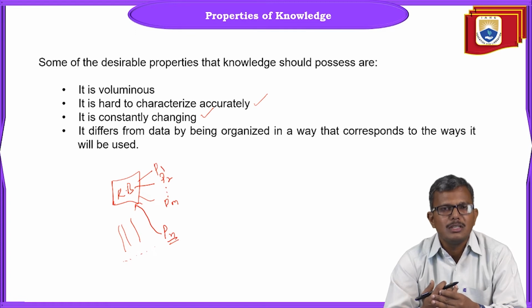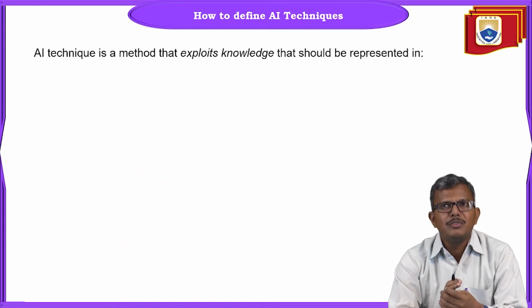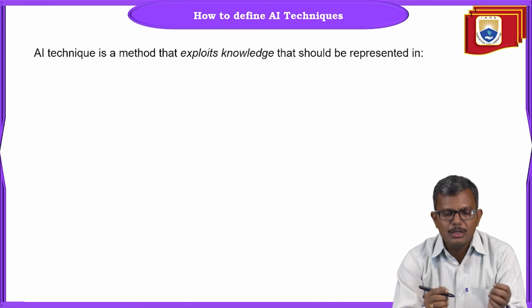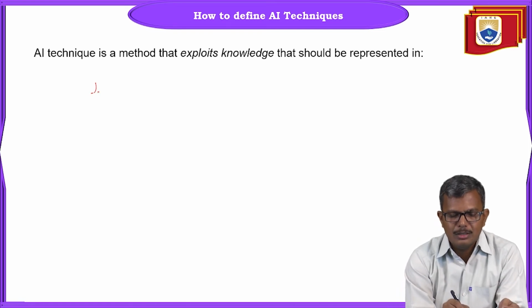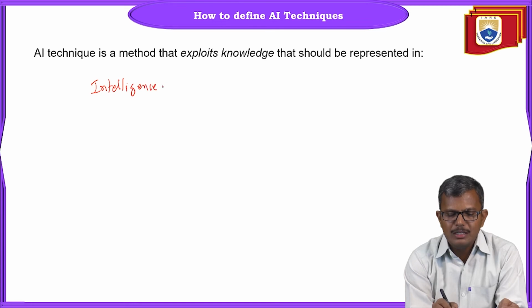Now, how to define an AI technique? Artificial intelligence technique, we can say, is a method of exploiting knowledge. So I want to take one simple sentence: intelligence requires knowledge.